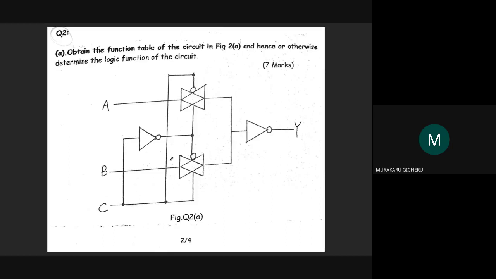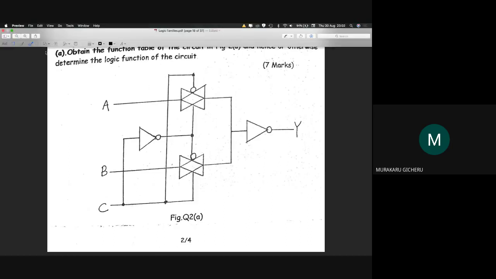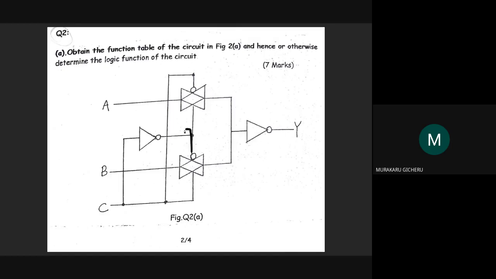So what I looked at first was what is responsible for controlling the states of the transmission gates. And here, if you look at this line, this way and this way, we will see that it is C. C is solely responsible for the functioning of, we'll call this TG2.